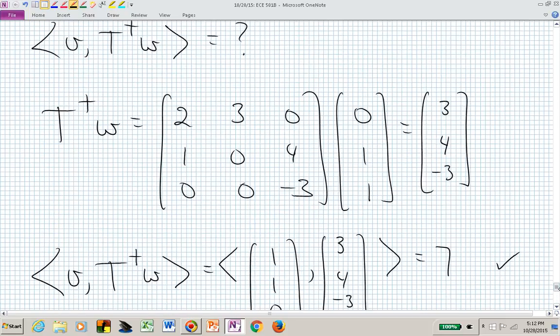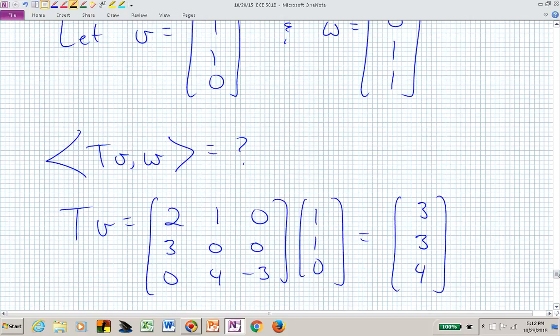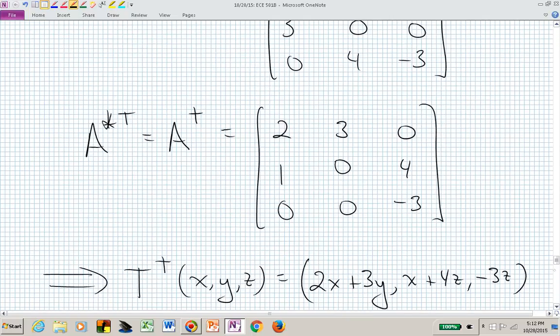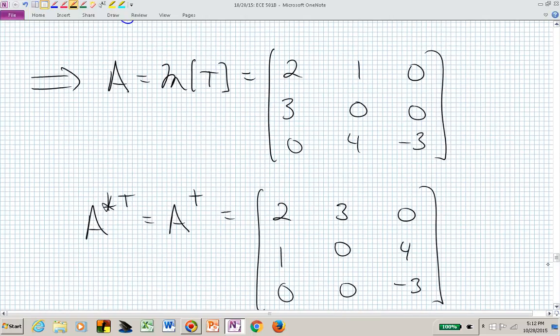Now, did this T dagger, I don't know if we can see all of these together, where is that matrix A, that's the matrix representation of T, is it self-adjoint? It's real, so we don't even have to worry about the conjugate, do we?